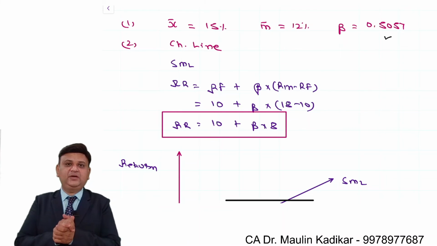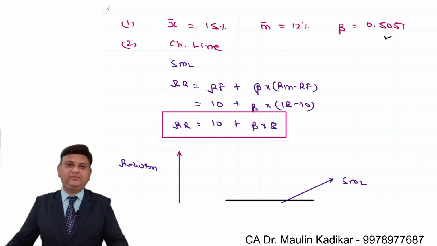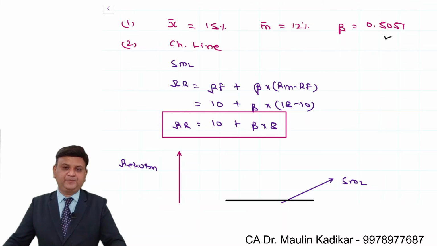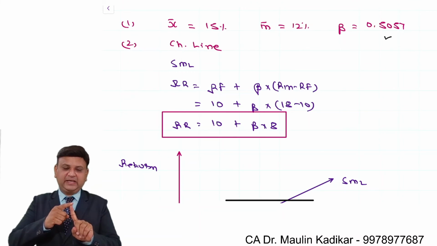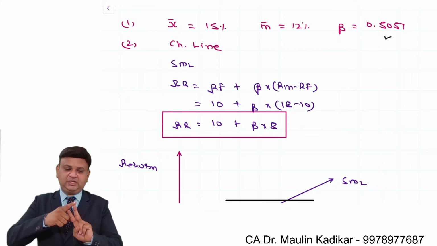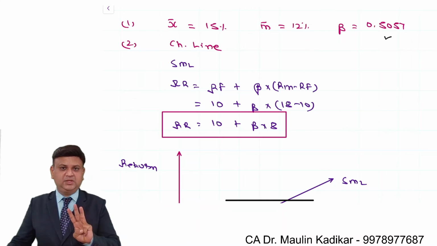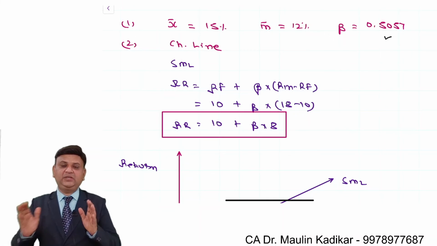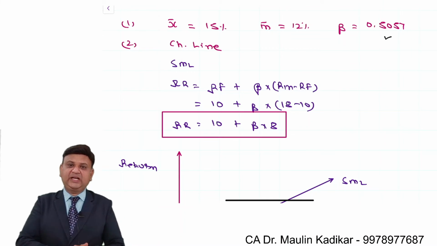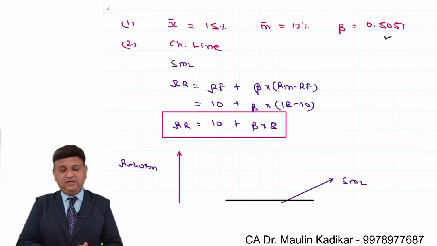So a quick summary of the working. In the first part of the question, we are required to find the beta. So return from the market portfolio, return from the security, and beta calculation is done in the first part of the question. In the second part of the question, because of which we are doing the question in the classroom, is the characteristic line.